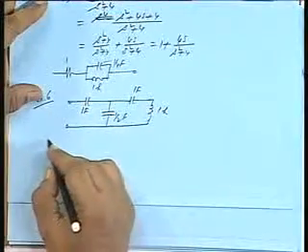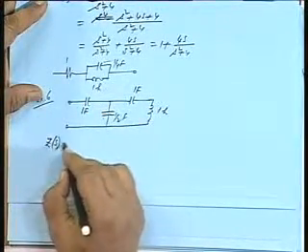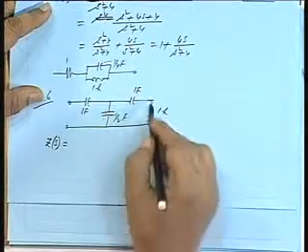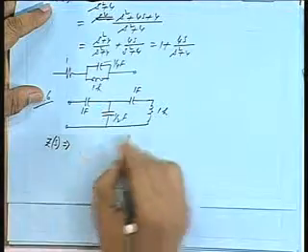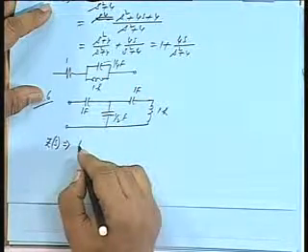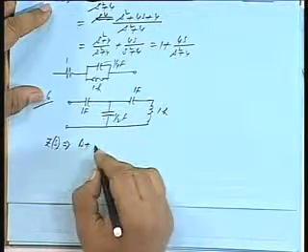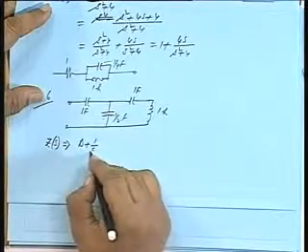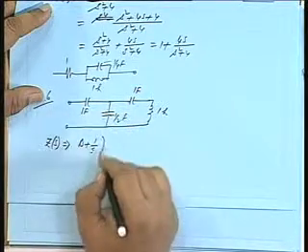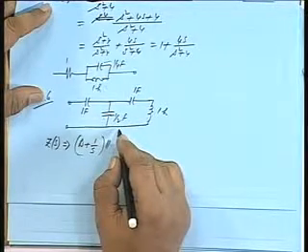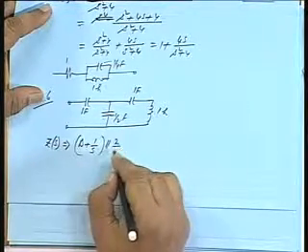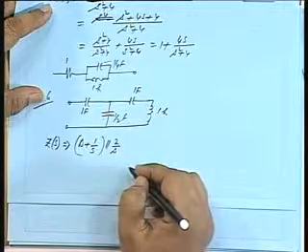So, let us calculate Z(s). What will be Z(s)? It is 1 Henry plus 1 farad. First one is 1 Henry, so s plus 1 by s, that is in parallel with 1 by 2 farad, so 2 by s. Okay.